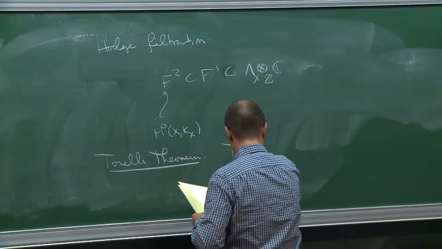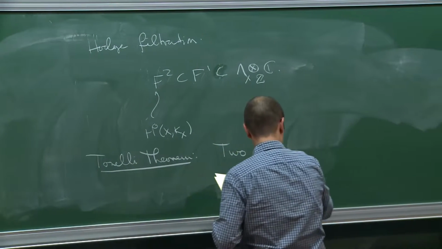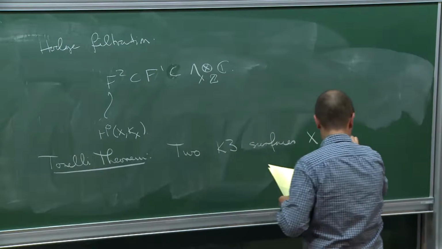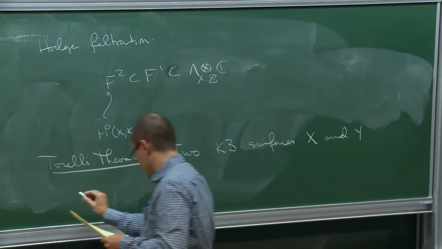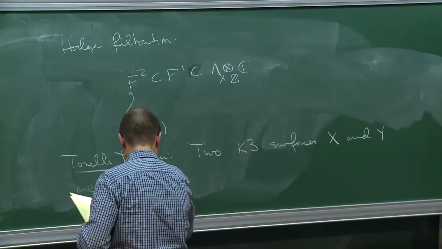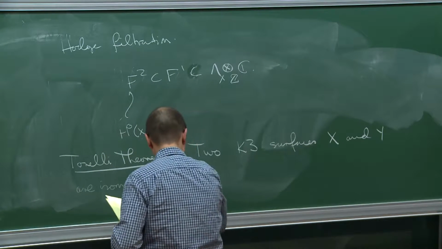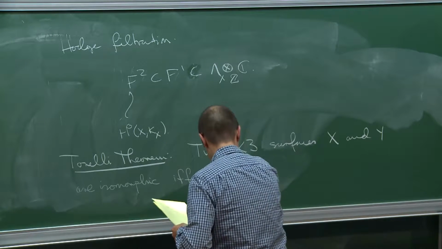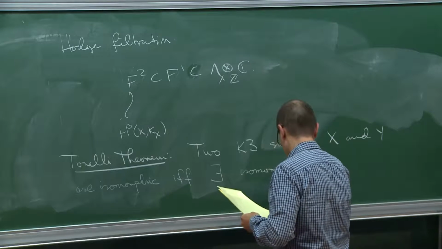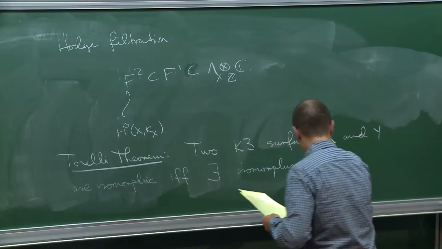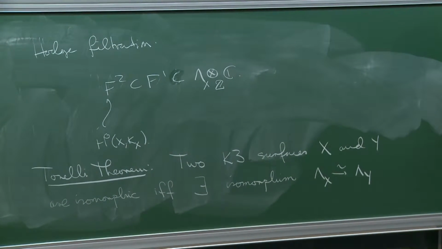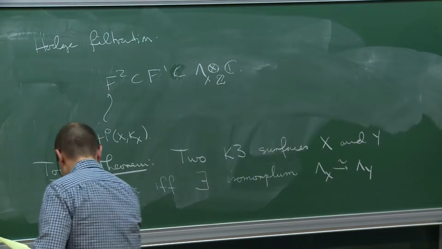Two K3 surfaces X and Y are isomorphic if and only if there exists an isomorphism Lambda X, so that means including the inner product, preserving the filtrations.